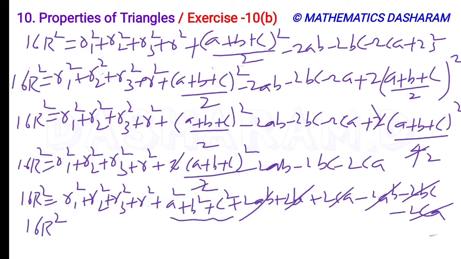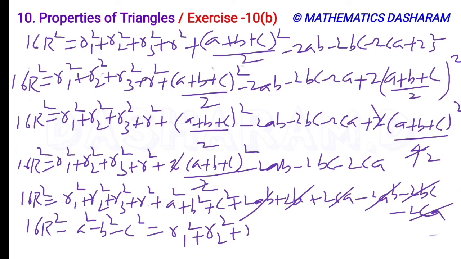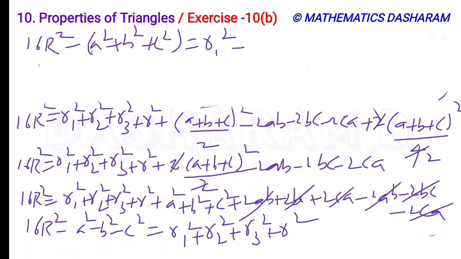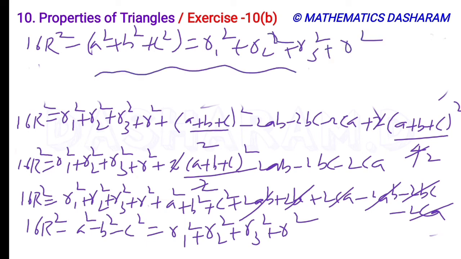These three terms transpose to the left side: minus a square minus b square minus c square equals r1 square plus r2 square plus r3 square plus r square. So 16r square, taking the minus common, a square plus b square plus c square equals r1 square plus r2 square plus r3 square plus r square. So this is our required answer, hence proved.